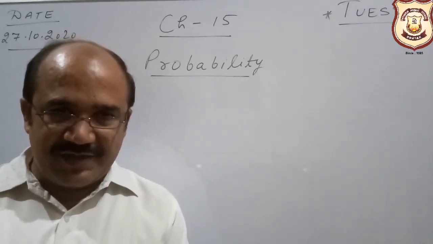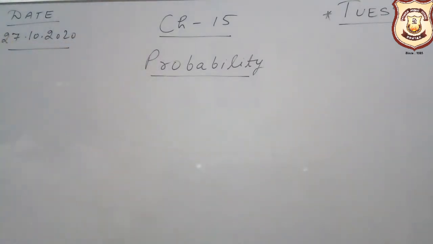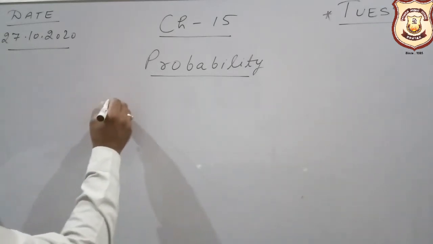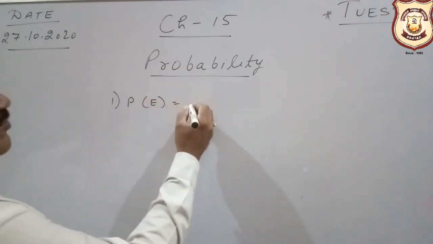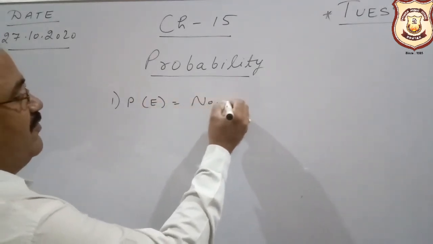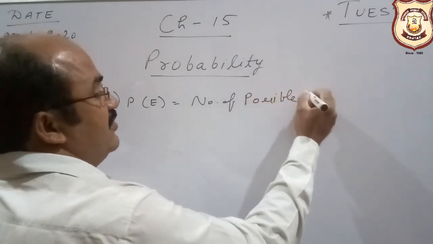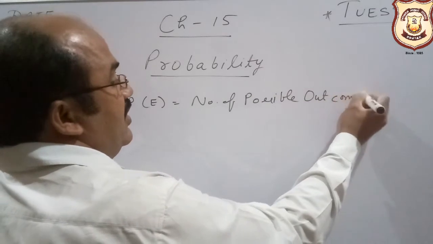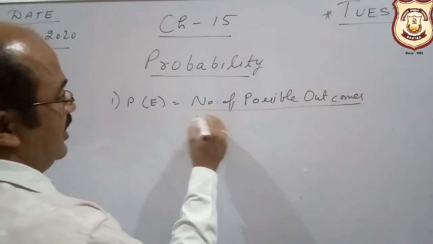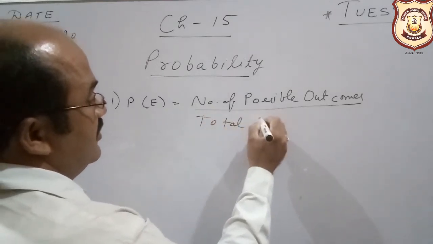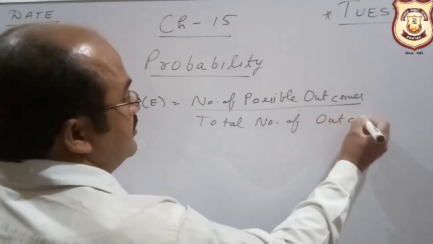Now see, chapter number 14 is of probability. See, probability formula: P(E) is equal to number of possible outcomes upon total number of outcomes.